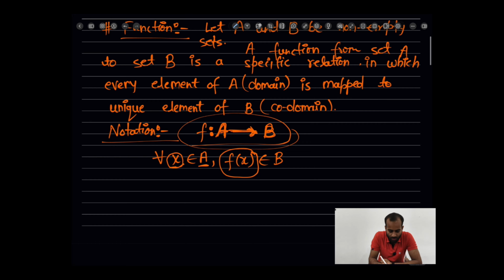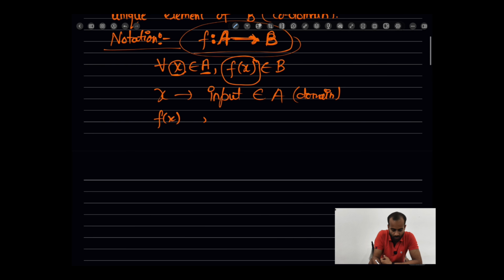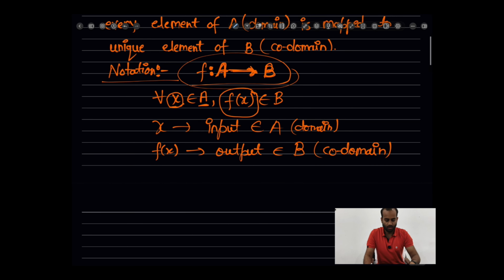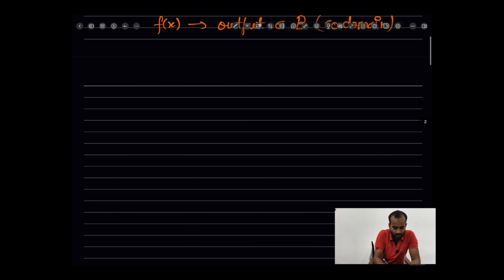So the input is x. What is x? x is the input, an element of the domain, set A, and f(x) is the output, which belongs to the set B, which is the codomain. So I think it must now be clear that a function is like a machine. What is f?